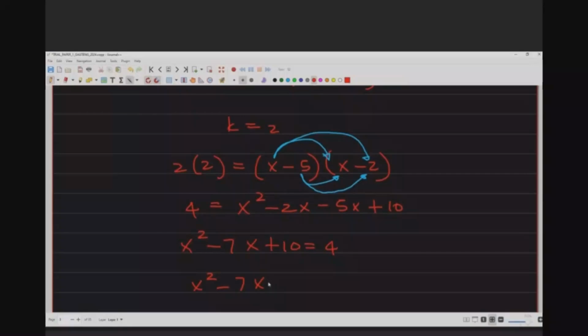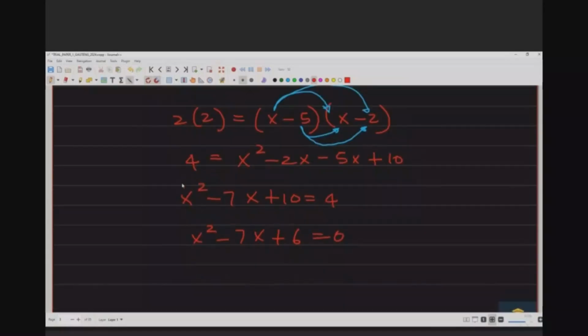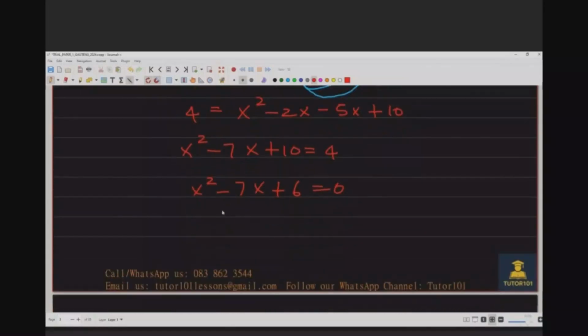We can move the 4 to the left side. And this is going to be 10 minus 4. That's 6. And this can be written as x minus 6 and x minus 1.